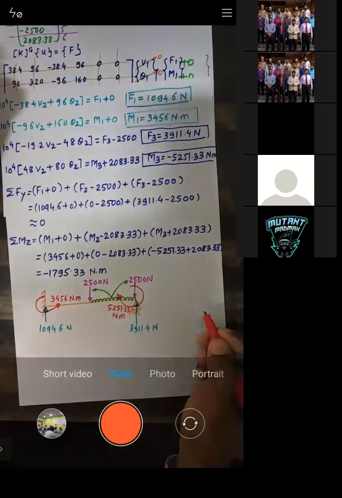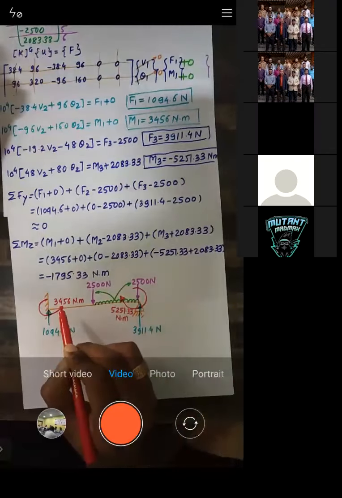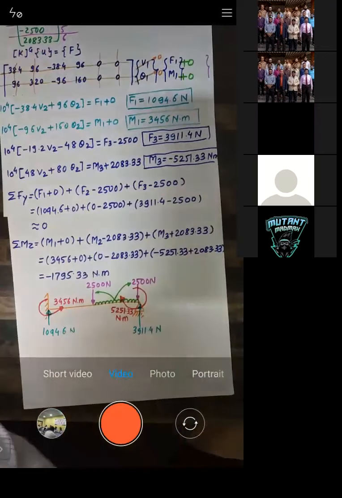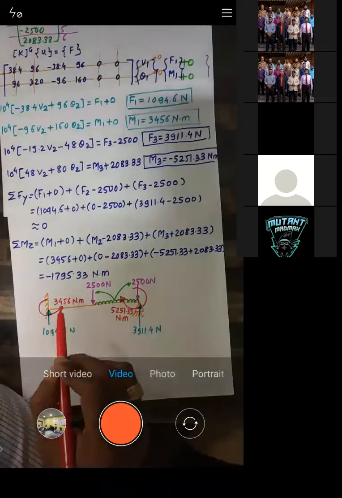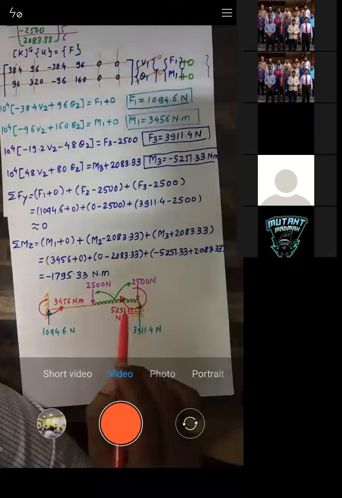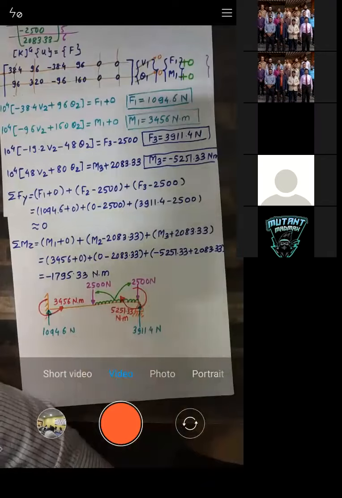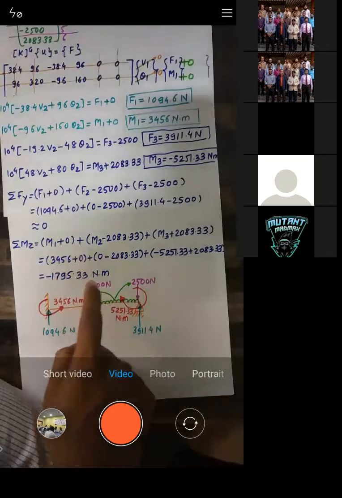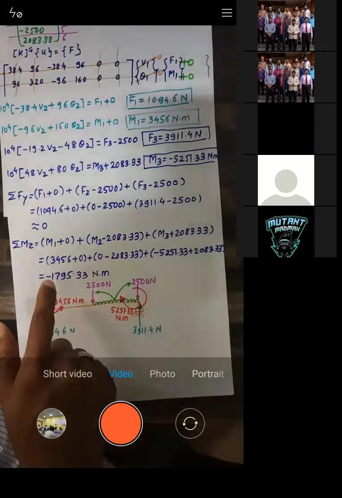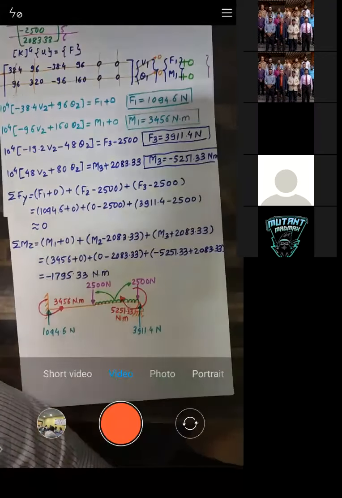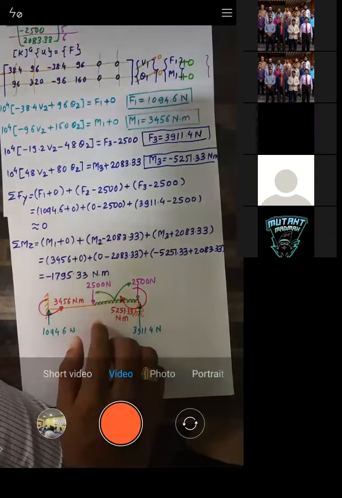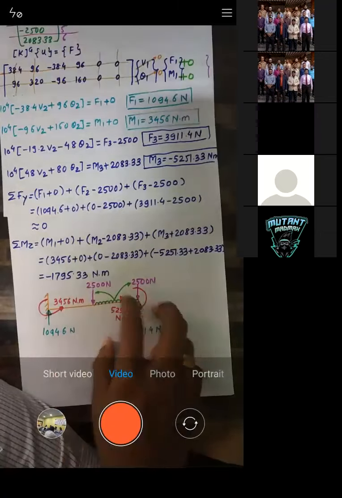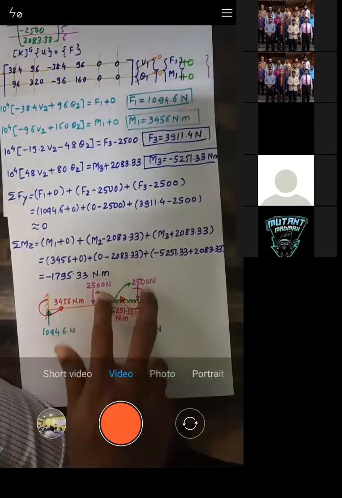Now try to understand. At node 1, 3456 is anti-clockwise, and at node 3, 5251.33 is clockwise. So what is the unbalanced moment remaining in the system? It is minus 1795.33. You can see this 2500 and 2500 going downward, so the total is 5000.